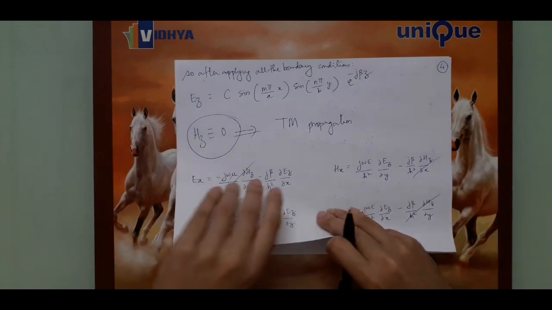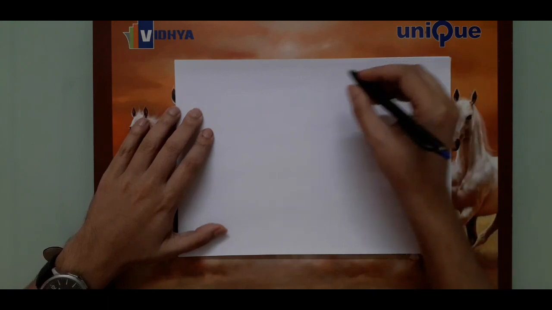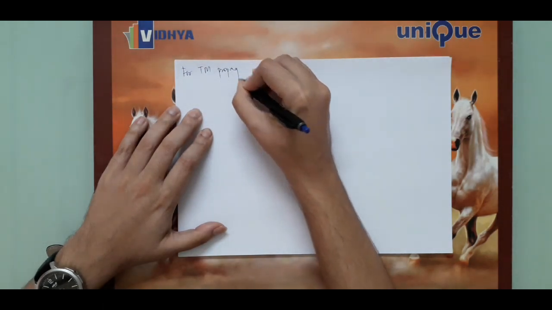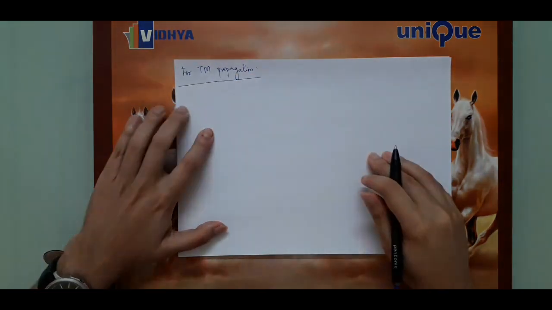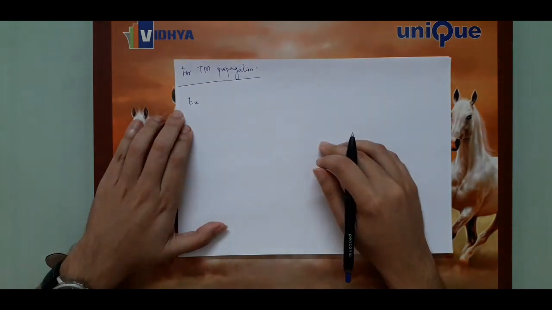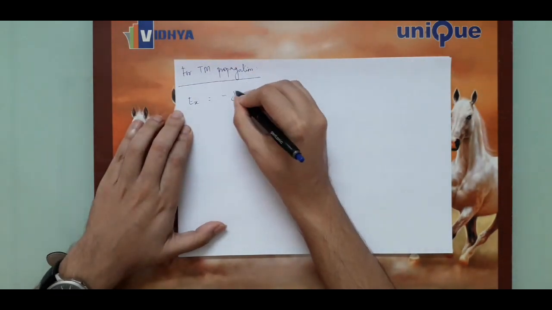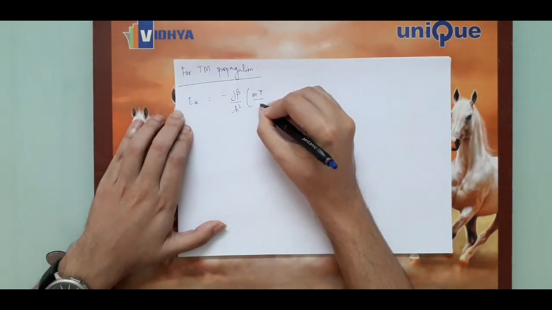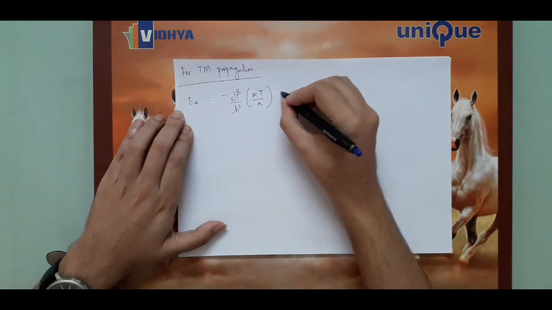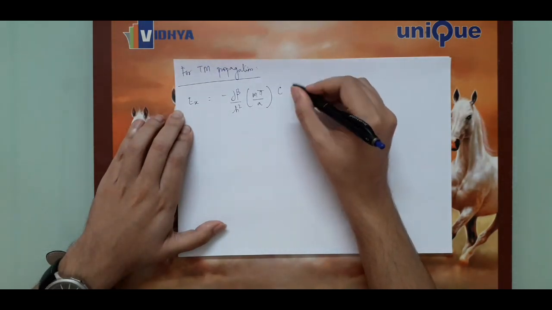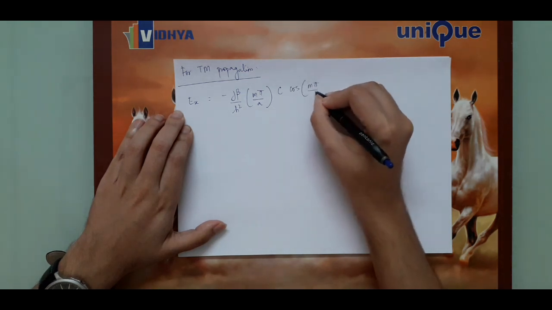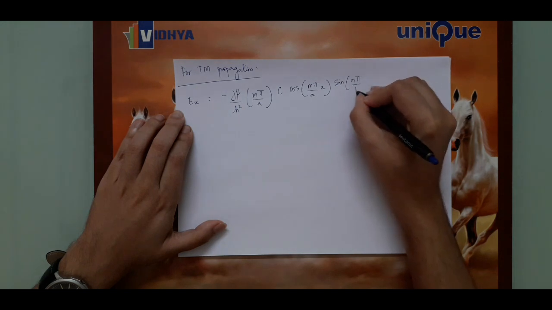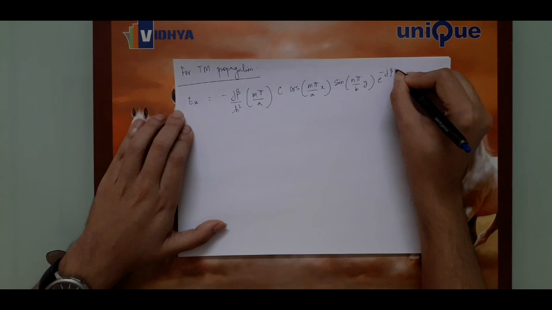So for TM propagation, Ex will be minus j beta by h square times C. The derivative of a sine is cos, so we will get cos m pi by a x times sine n pi by b y times e raised to minus j beta z.